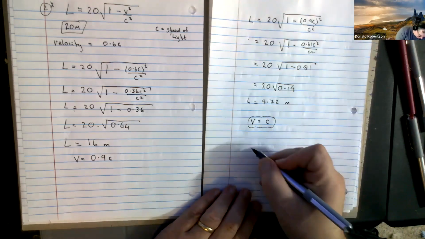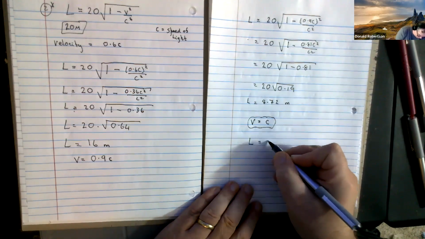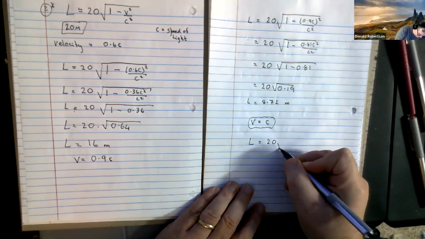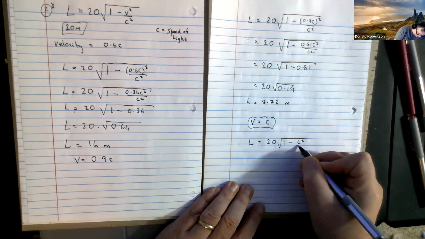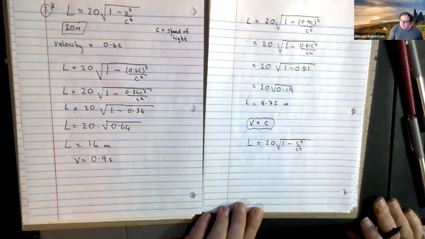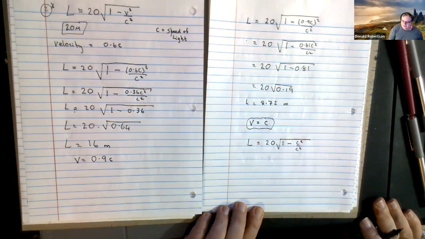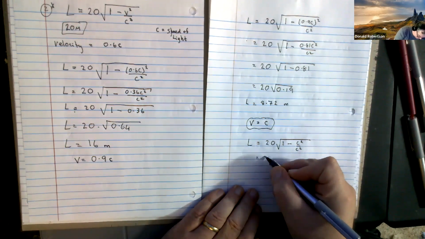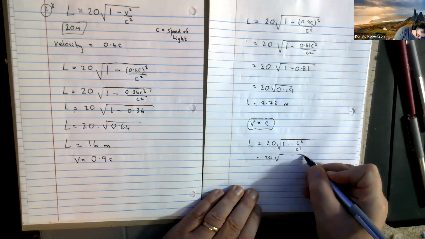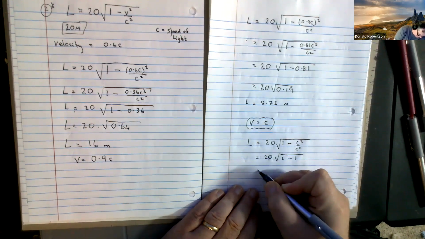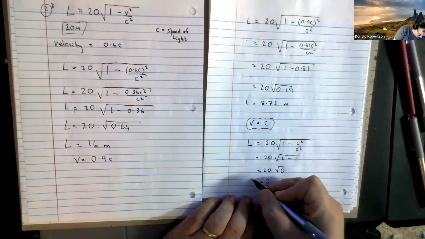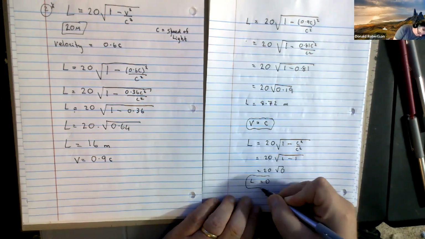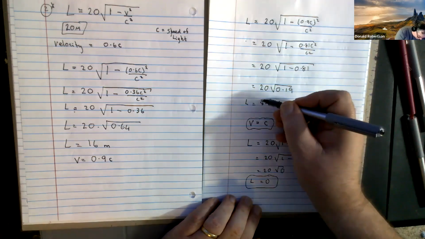Let's find out what happens to this poor object. Agreed? Velocity, c squared, divided by c squared. Wow.